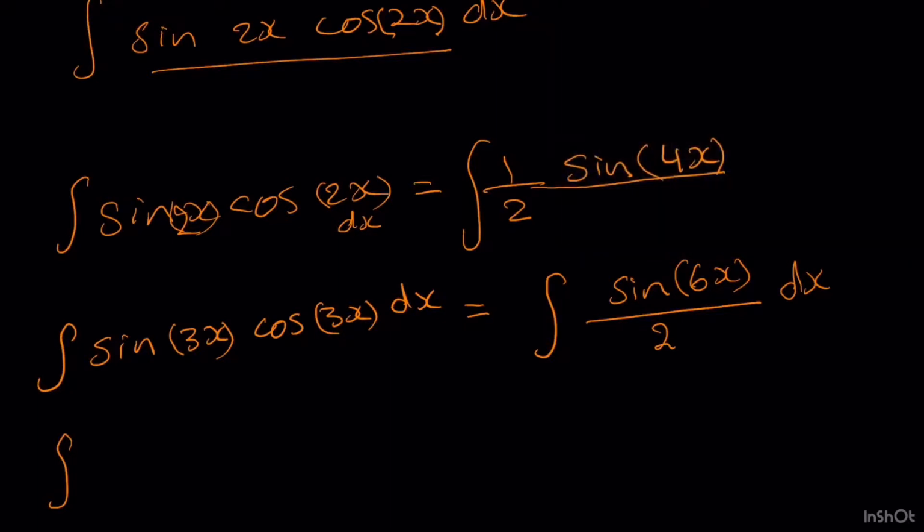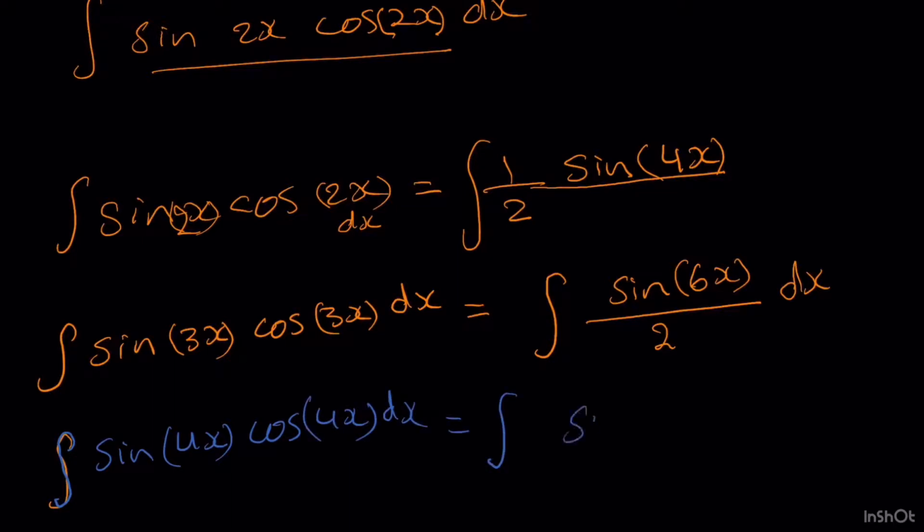If you have the integration of sine 4x cosine 4x dx, this is going to be integration for sine 8x, double the 4x, divided by 2 dx. And then, as I said, when we integrate, we can take the 1/2 outside, or even if you leave it inside the integration, it's not going to affect. You can just multiply it by the others.